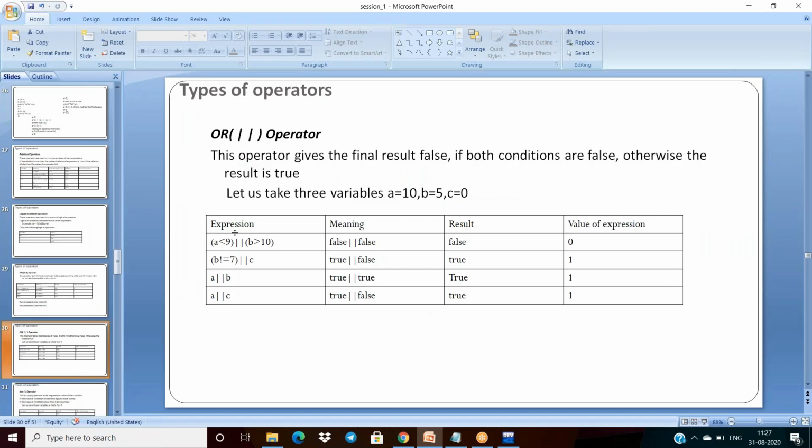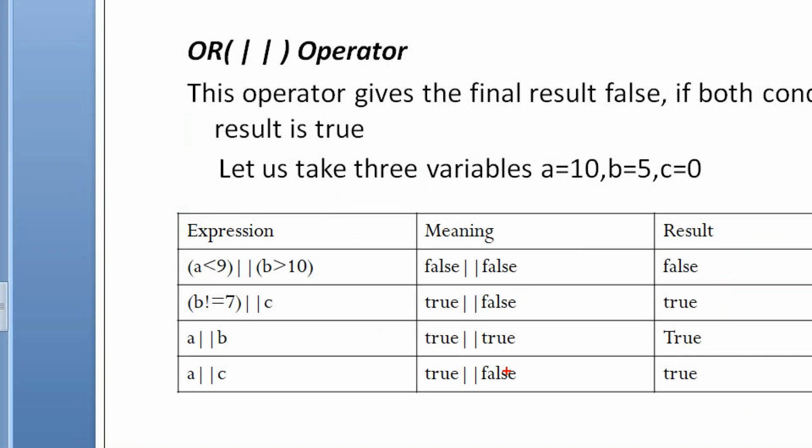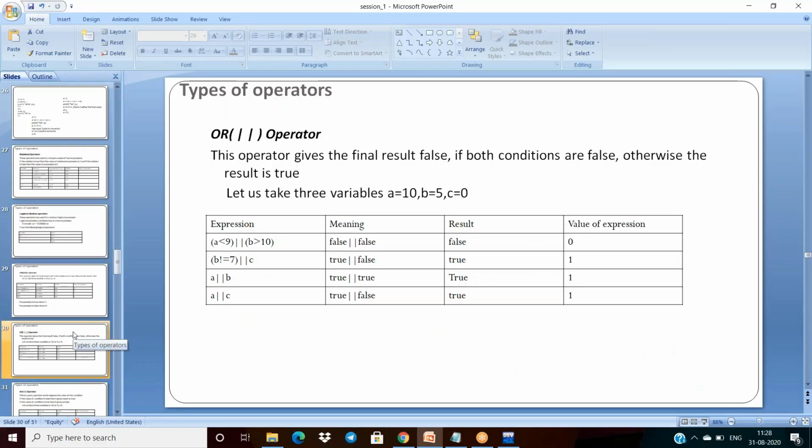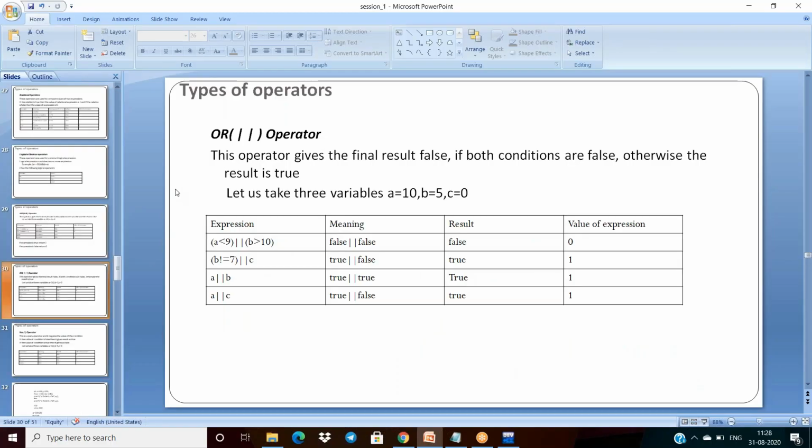In the remaining cases it will follow the truth table of OR: if any one of them is true, the result is true, and if none is true, the resultant is false.